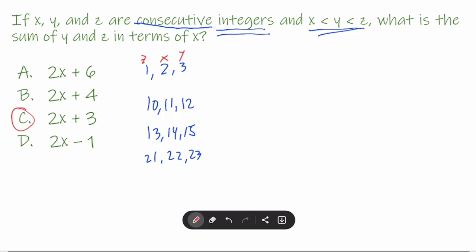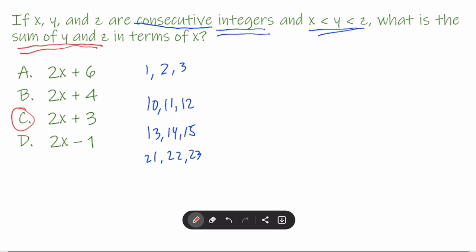There would be a lot of possible answers if it were like that. That's why it mentions that x should be the smallest, y is the next one, and the biggest is z. So that's what it means that x is less than y, less than z. And then the question is, what is the sum of y and z? It's only the sum of y and z, not including the x, in terms of x.